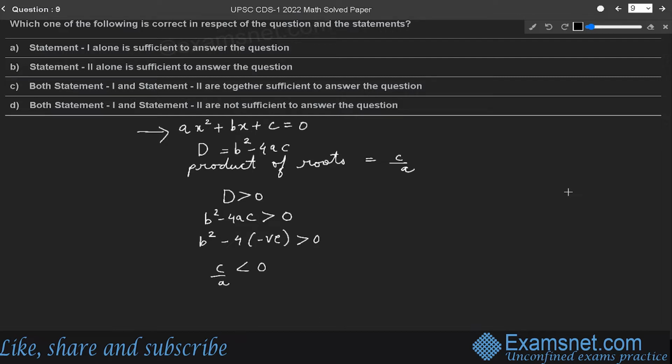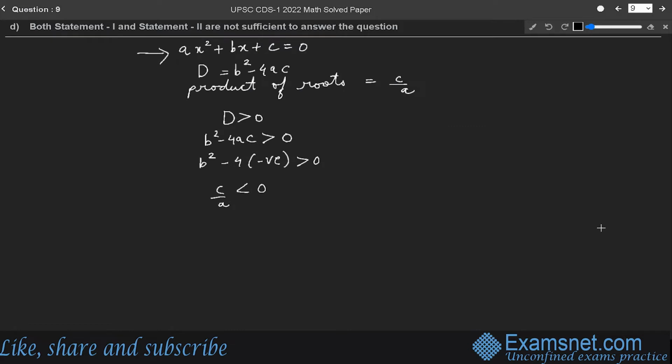For example, let us take an example to understand. x square minus 5x plus 6 is equal to 0. Here a is equal to 1, b is equal to minus 5 and c is equal to 6. So D will be b square minus 4ac, which means minus 5 square minus 4 into 1 into 6, which gives 1.